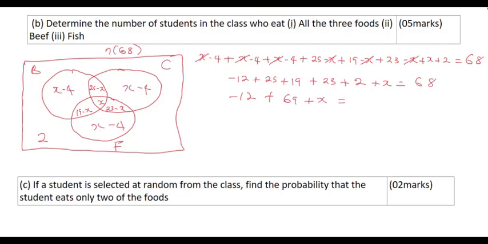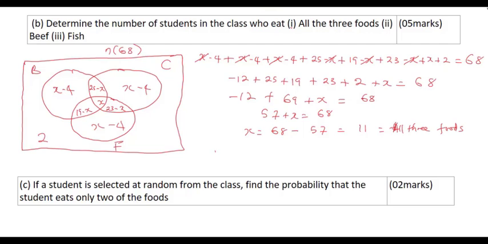So 69 minus 12 is going to give us 57 plus X is 68. Then X is going to be 68 minus 57, and that's going to give us 11. So from here, you can see that the number of people who eat all 3 foods is 11.